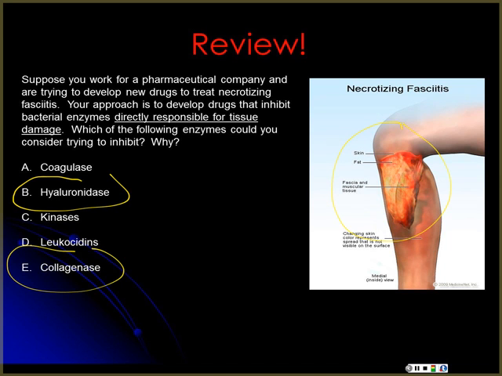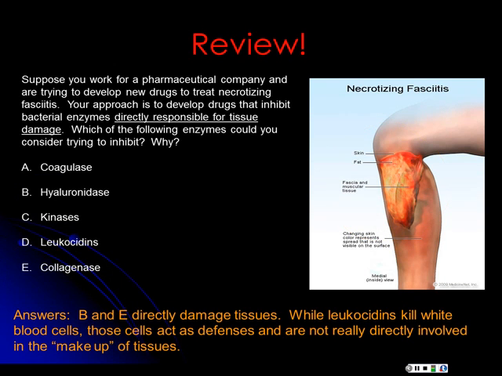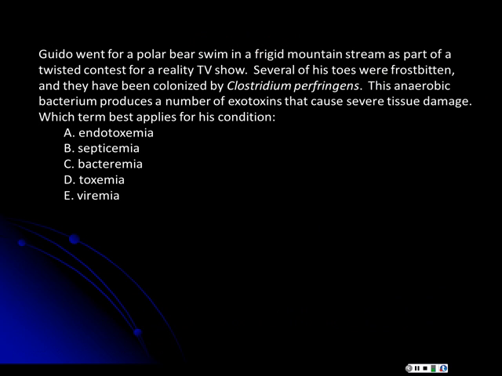E, yeah, collagenase, which breaks down collagen, which you have in your connective tissues. So your flesh-eating bacteria make collagenase. That's a big component in your connective tissues. And what do leukocidins do? Yeah, they kill white blood cells. White blood cells are not a major tissue component, so it's certainly going to help them establish an infection, but it's not really going to be responsible for the tissue destruction.